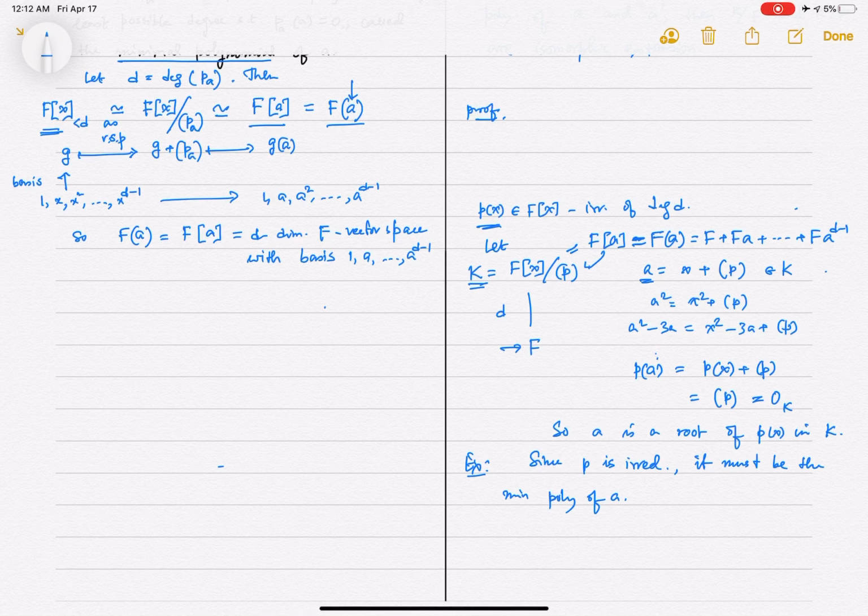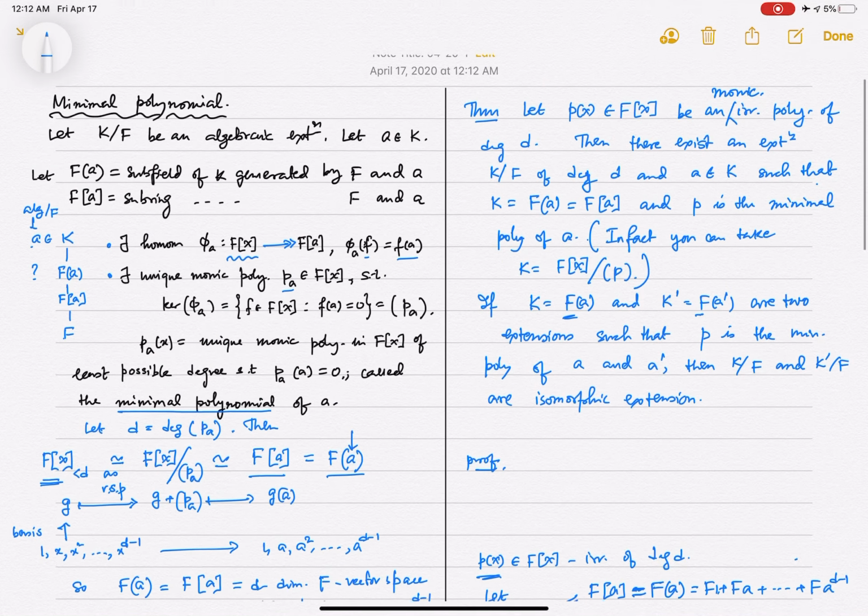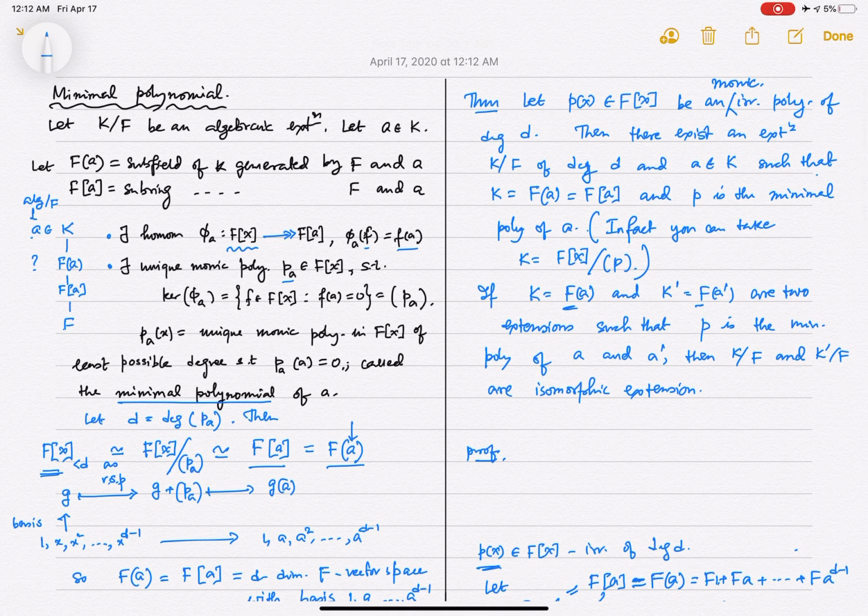Yeah, so 1, a, up to a to the d minus 1 are a basis. So it is an extension of degree d. This is a d-dimensional vector space. Okay. So this discussion is going to be crucial for everything that goes forward. This understands the simplest kind of algebraic extensions.